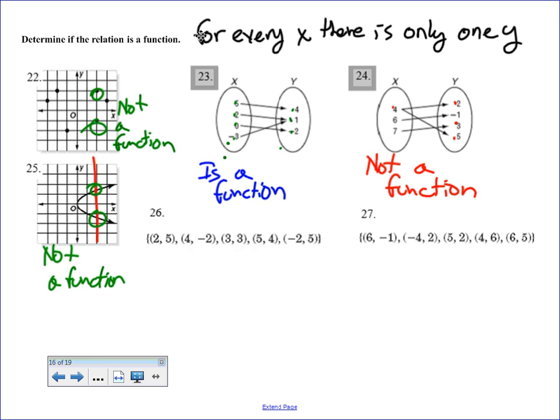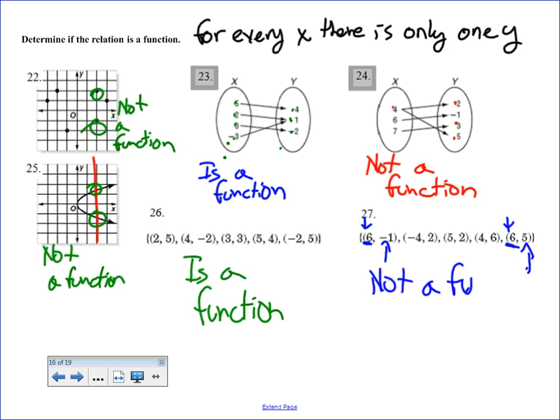None of the x's are giving us more than one y, so this is a function. On the other hand, here on number 27, when I plug in 6, I get negative 1. But here when I plug in 6, I get 5. So for this x value, there are two y values. So this is not a function.